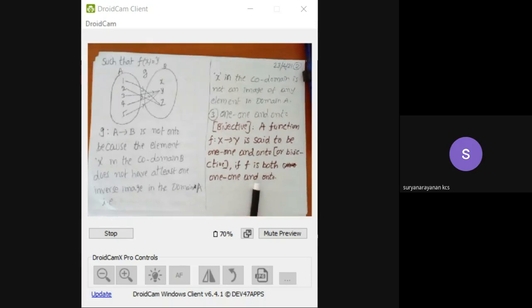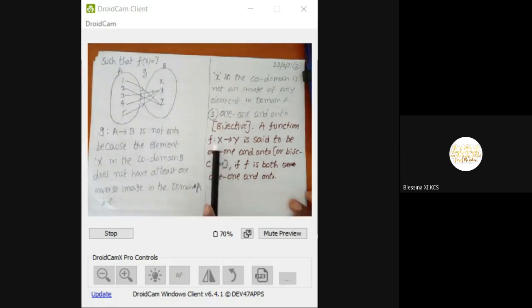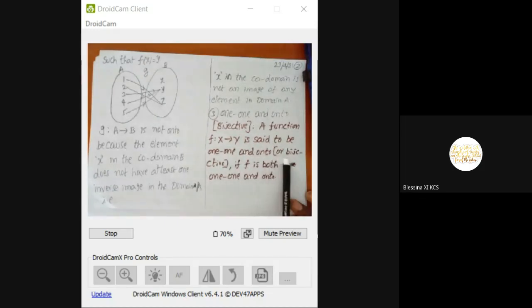Next, Blessina. A function f mapping from x to y is said to be one-one and onto or bijective if f is both one-one and onto. Next, Janani.